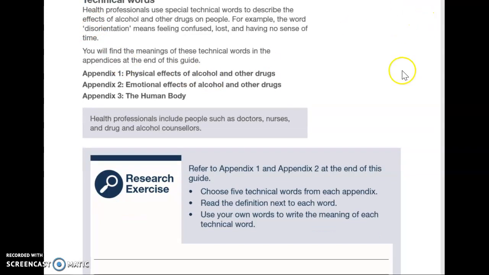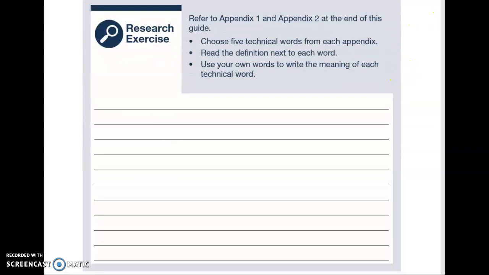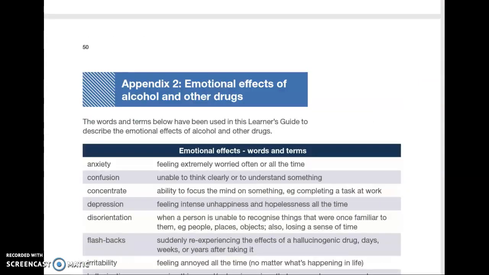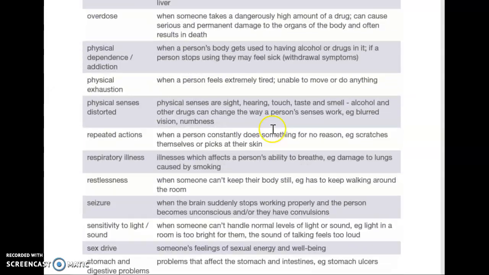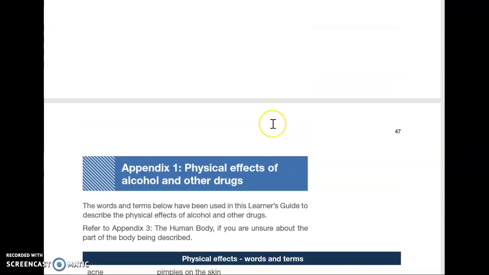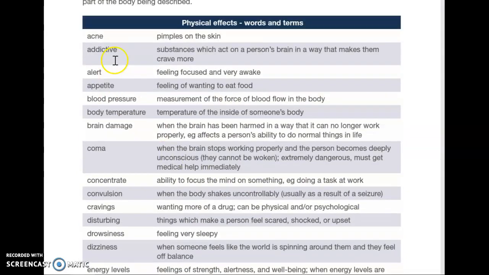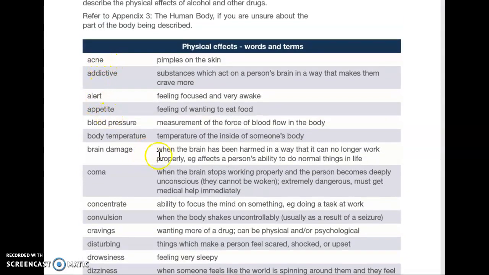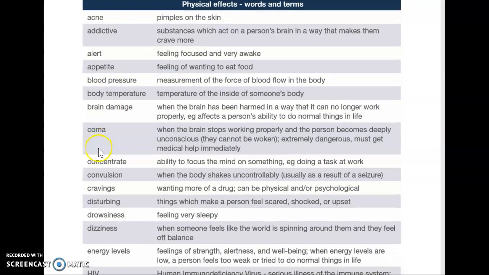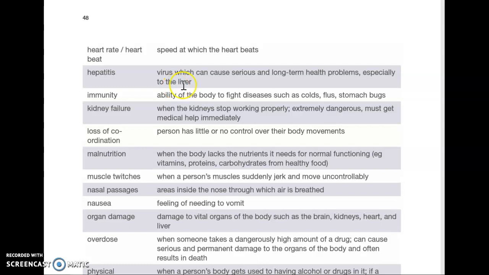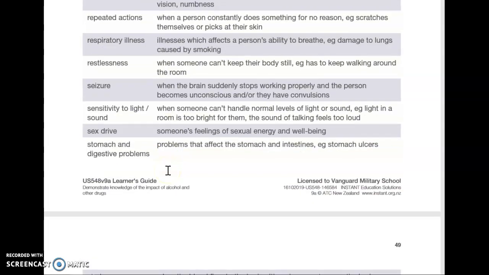So if I just quickly whip to the end of this guide, go right to the back here, you'll see we've got the appendices, starting here, physical effects of alcohol and other drugs. You can see all the different words that can be used when we're talking about the physical effects, and their definitions.